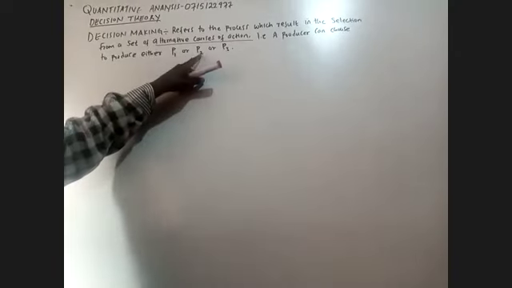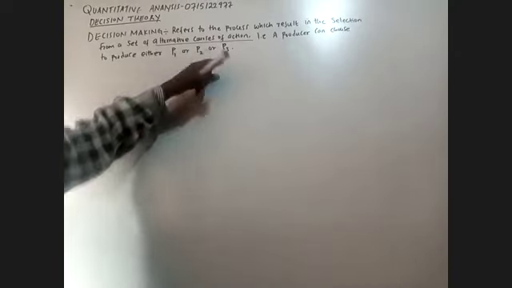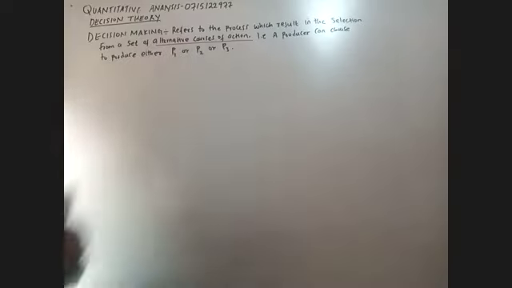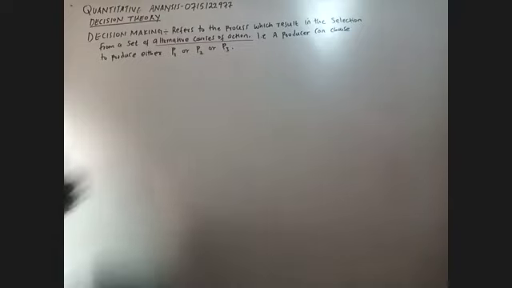Now, if it's to produce pen 2 and ignore pen 1 and pen 3, that is the alternative course of action that this person has decided to choose. So if we decide to go with pen 2 and ignore pen 1 and pen 3, then that one is the alternative course of action.